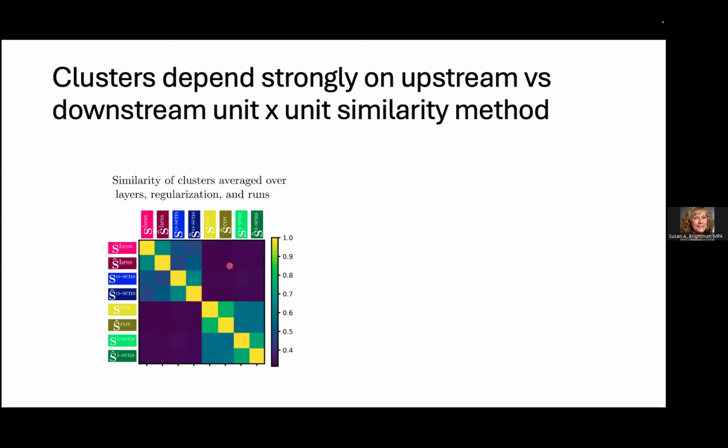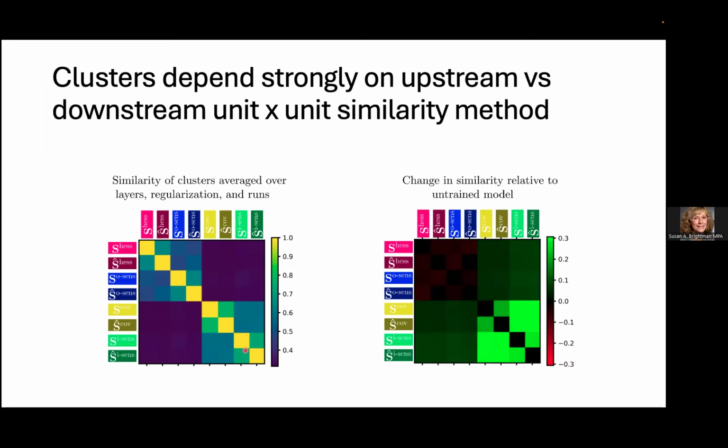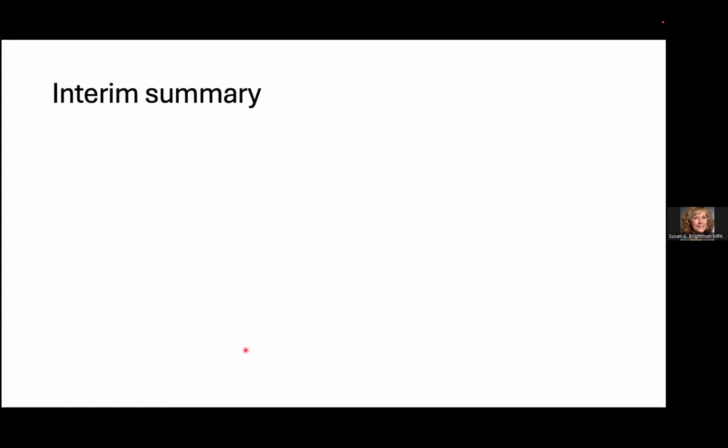But there's very little agreement in which unit belongs to which cluster across these different groups. In other words, there's a set of methods that depend on downstream factors and a set of methods that depend on upstream factors, and they disagree with each other in terms of which units belong with each other in the functional clustering sense. In the interest of time, I think I will skip how it changes with learning.